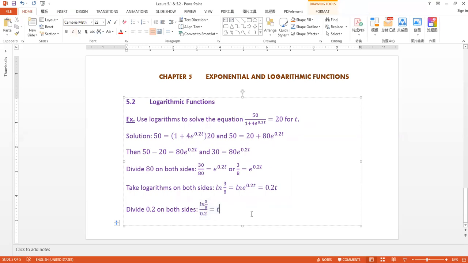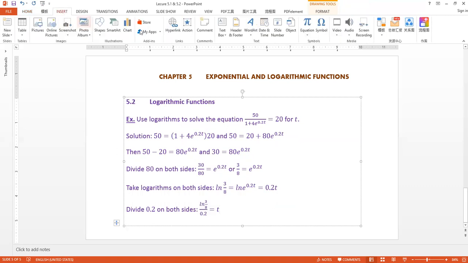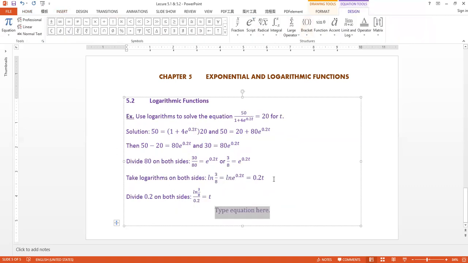So at the end, t is just ln 3/8 over 0.2.